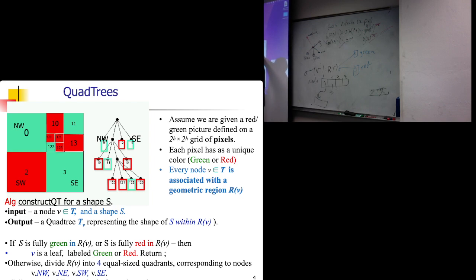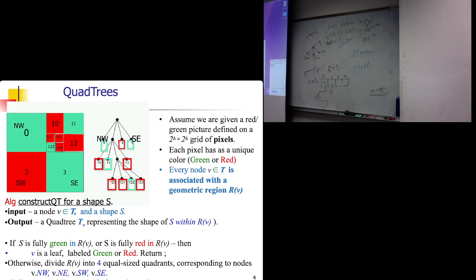Asking the root, is the whole shape fully green in R of the root, or fully red in R of the root? Then leave V as a leaf, no reason to split it, just make it know its color, which is uniform around this shape.